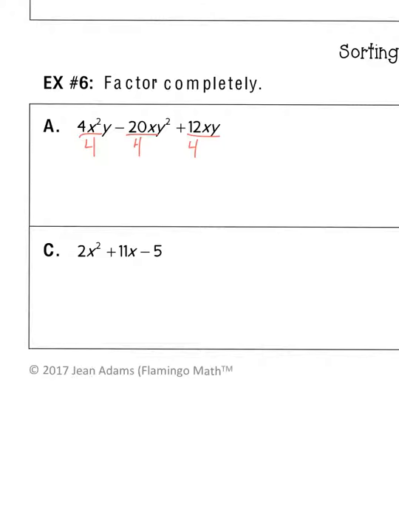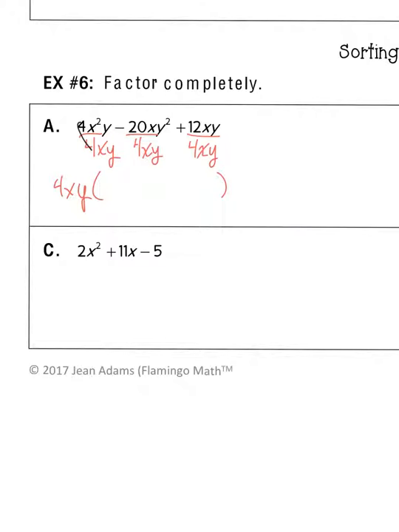So the most x's that I can take away from all 3 of them is 1x. Then we have a y squared and a y. The most y's I can take away from all 3 of them is just 1y. So then that 4xy is going to come out in front of parentheses.